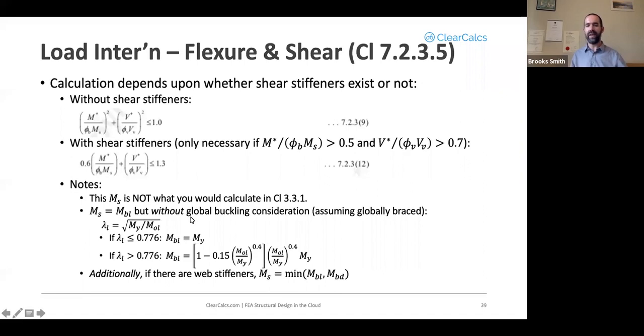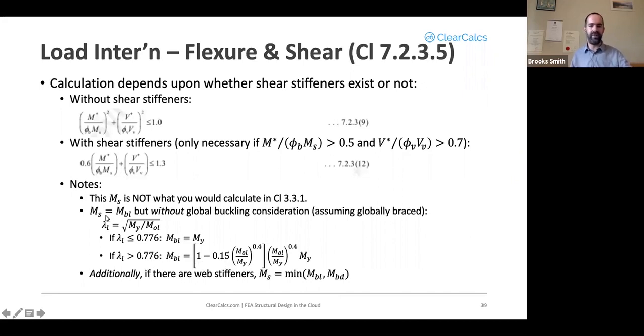So essentially, you're going to recalculate M sub BL such that your local buckling slenderness capacity is equal to the square root of M sub Y divided by M naught L. That's as opposed to the original equation, which was M sub BE divided by M naught L. So calculate lambda L, switch which equation you use for your local buckling capacity, depending upon the value of that lambda sub L, and you cannot include inelastic reserve in that calculation.